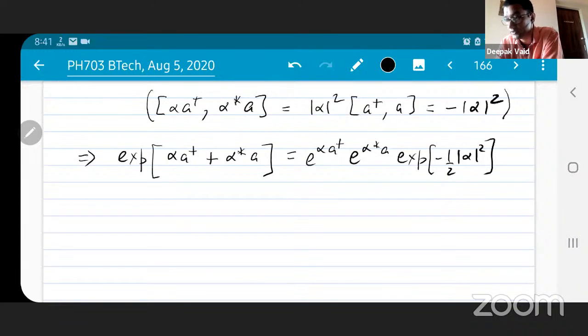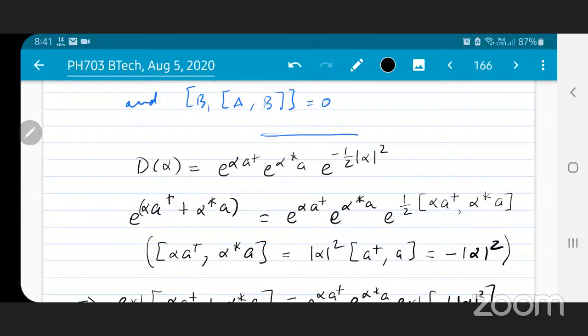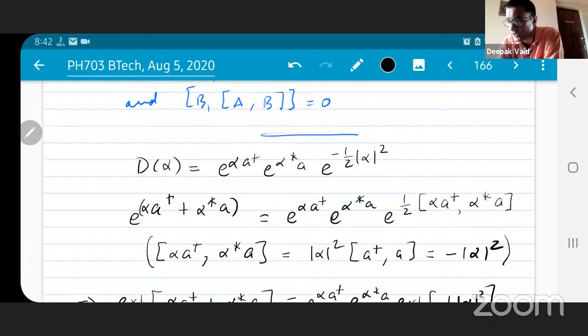Just let me check. In these notes, maybe there is an error somewhere.